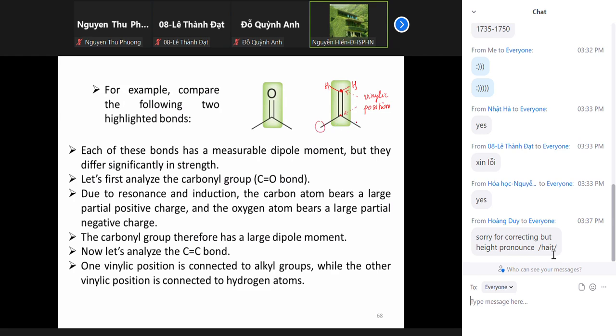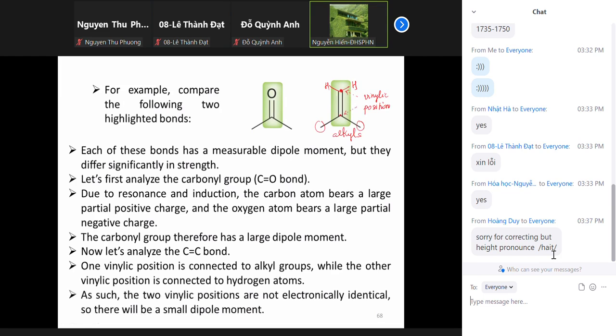This is an alkyl group. And you remember that the C-H bond and the C-C bond are not polar bonds.